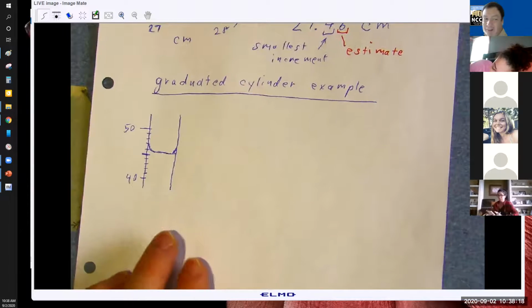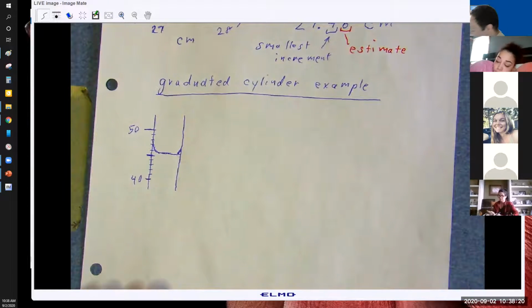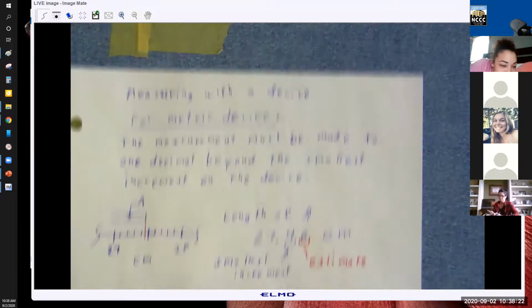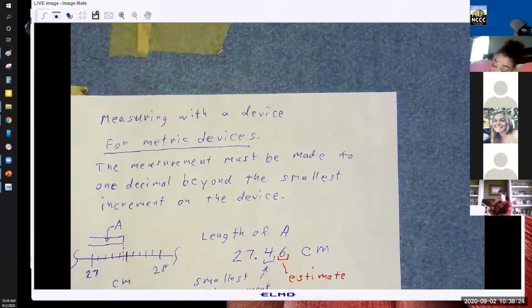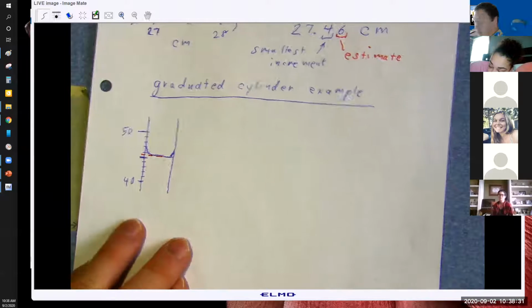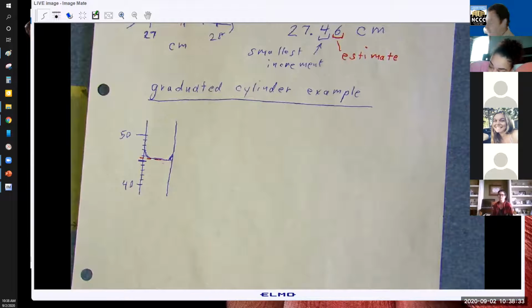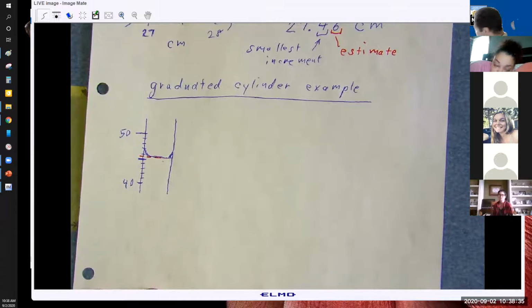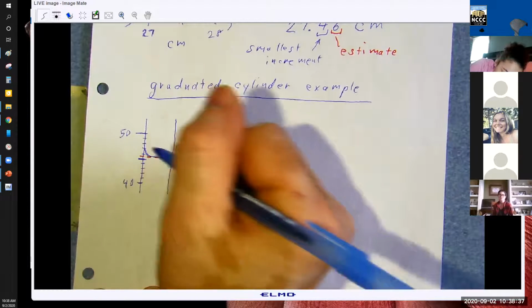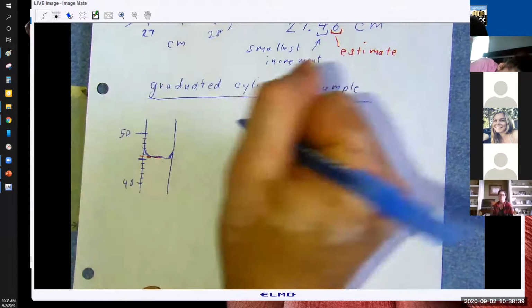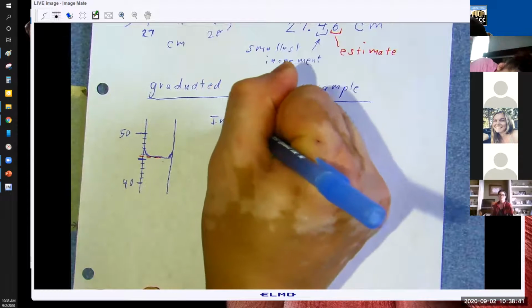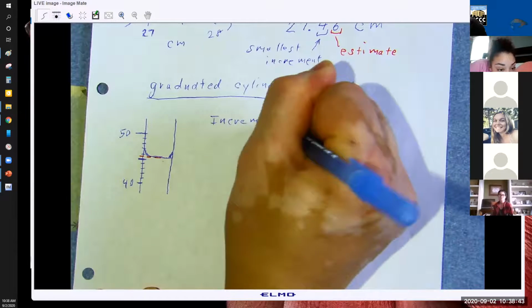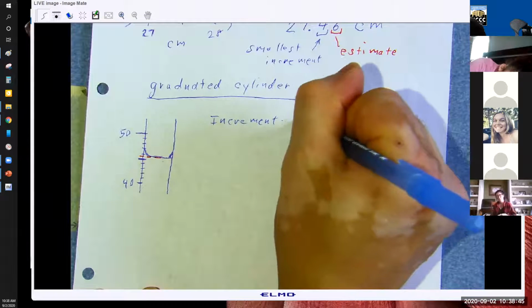It's harder to draw. All right, this is my rendition of a meniscus. And I'm going to put a little line here. Okay. So this is a graduated cylinder, and you're looking at this, and these units are in, so let's put increment is a milliliter.